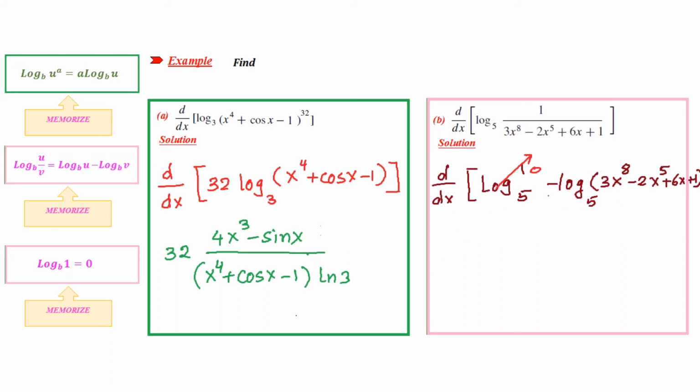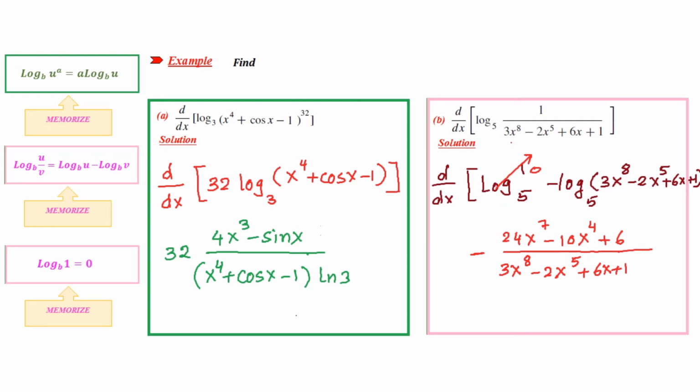Now the derivative of 0 equals 0, minus the derivative of the logarithmic function. You have to find the derivative of the inside function first, and the derivative of the inside function is 24x to the power 7 minus 10x to the power 4 plus 6, divided by the inside function 3x to the 8 minus 2x to the 5 plus 6x plus 1.